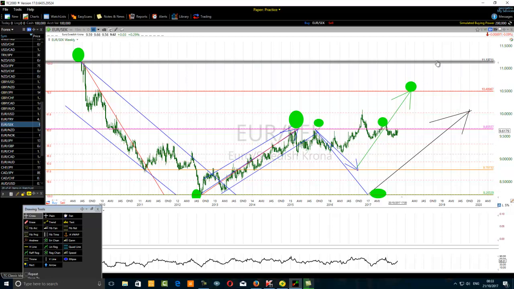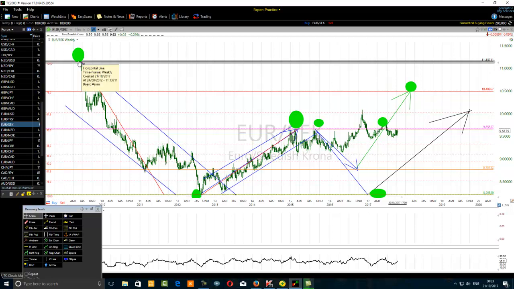If it breaks above that 111.37, what will be the next target level? The next target level will be the 138.2% Fibonacci extension level of this move from here to here. I did not say from here to here, from here to here.